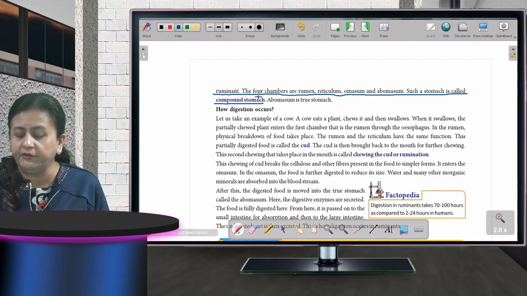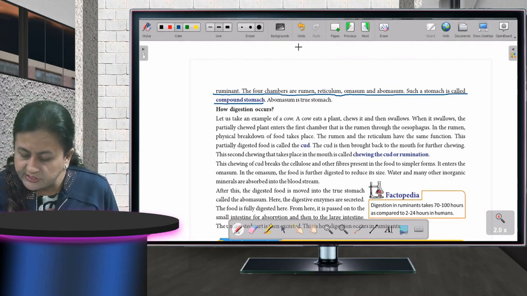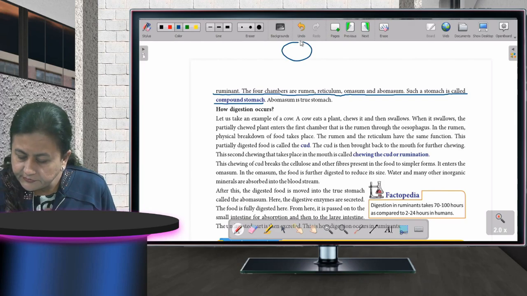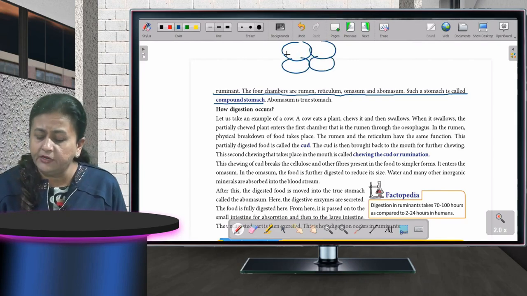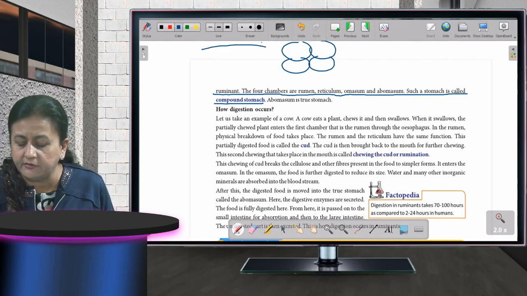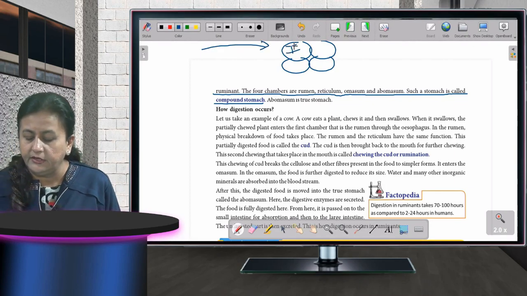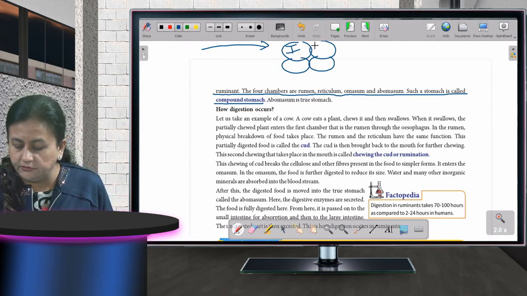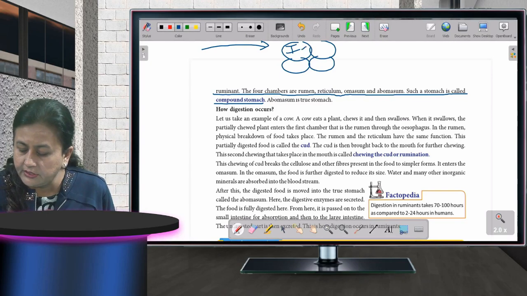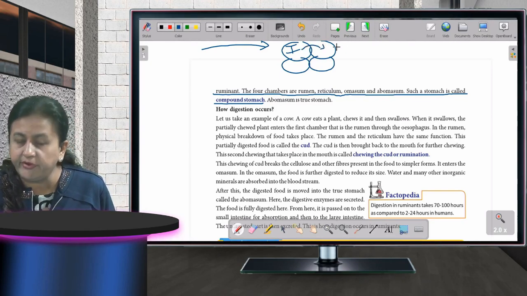Now what is happening? I told you the stomach has 4 parts, there are 4 chambers like this. Okay, first whenever the animal is eating the grass, it goes into the first one. The first chamber is the rumen. After that it goes into the second one, that is reticulum.